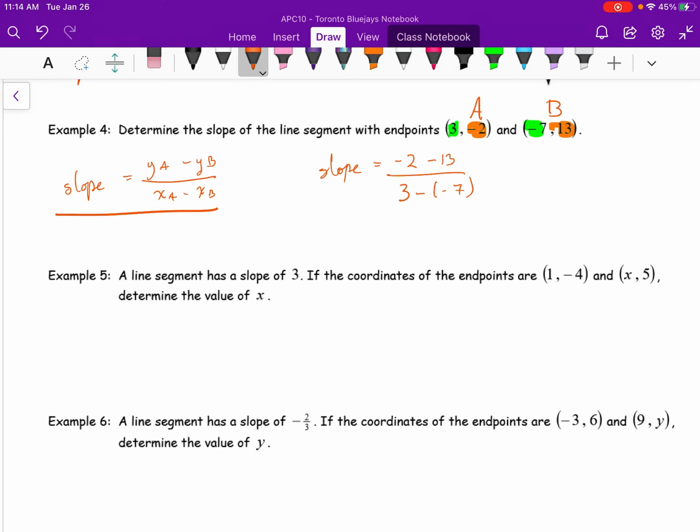Now, if you notice, I put the minus sign before I reached out and grabbed XB. I'm trying to avoid getting confused with a subtraction sign and the negative in front of the integer.